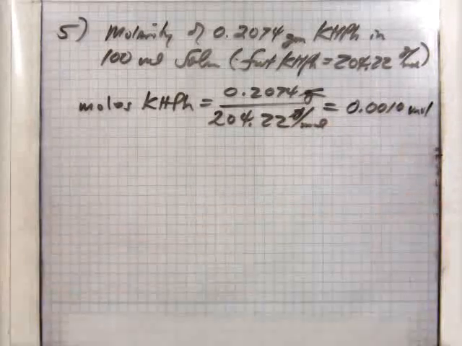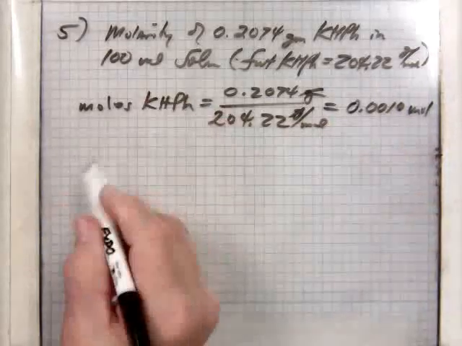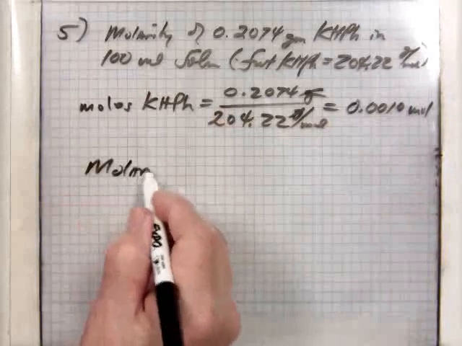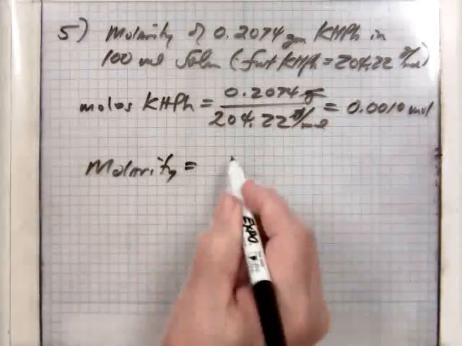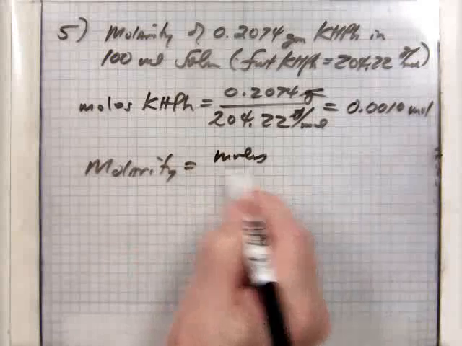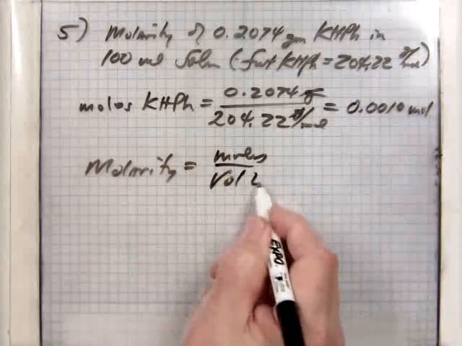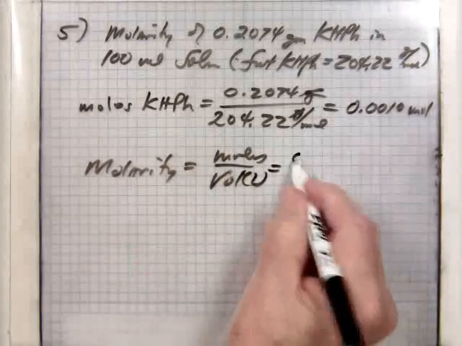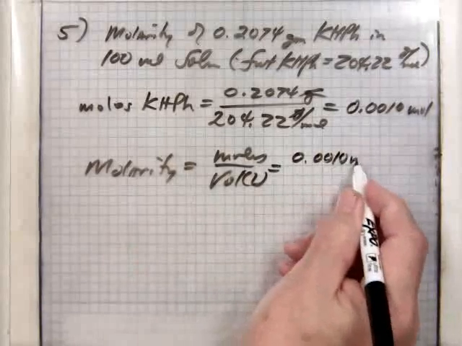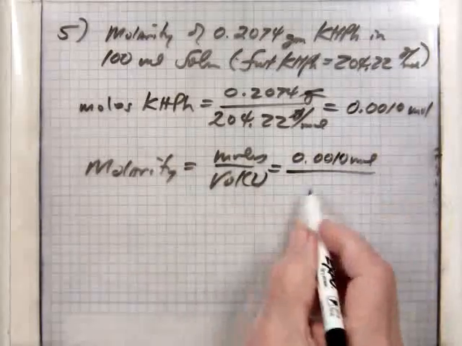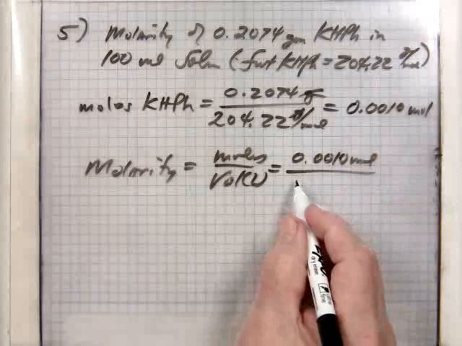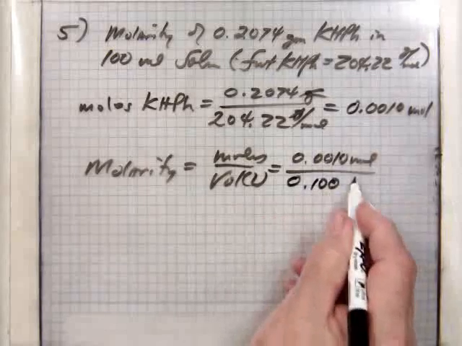And now we can calculate the molarity, which is moles over volume in liters. And so that's 0.0010 mole over 0.100 liters.